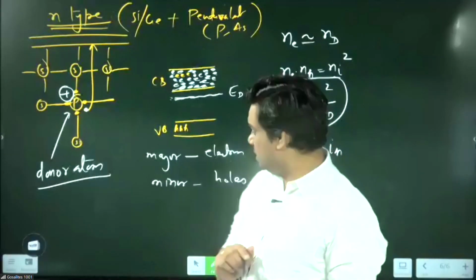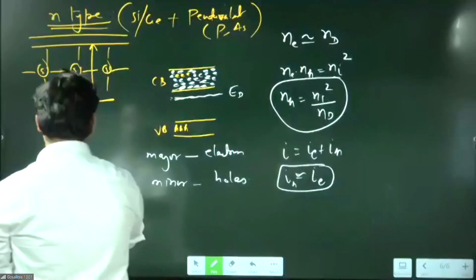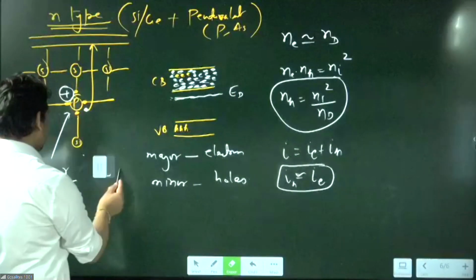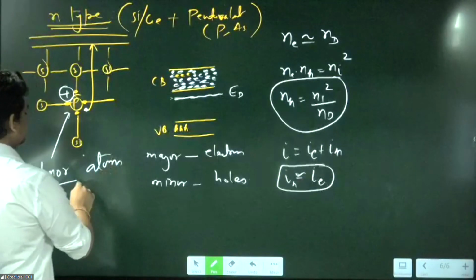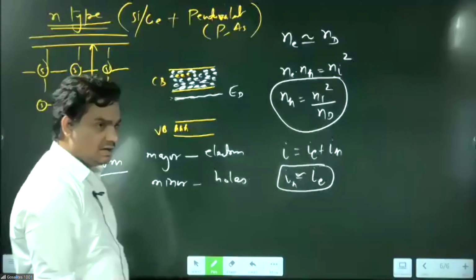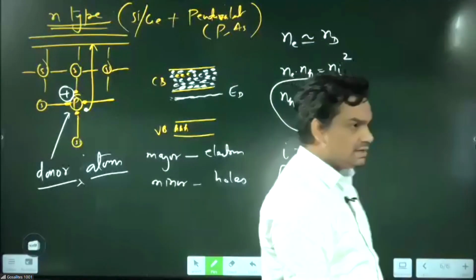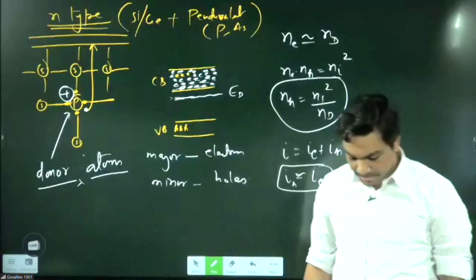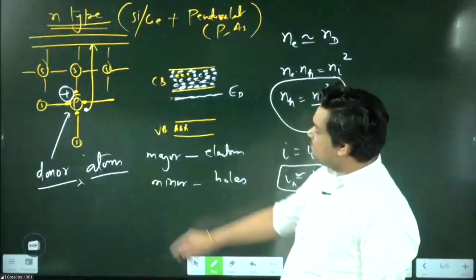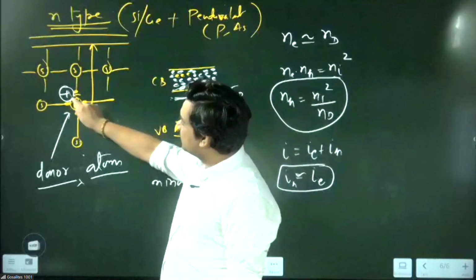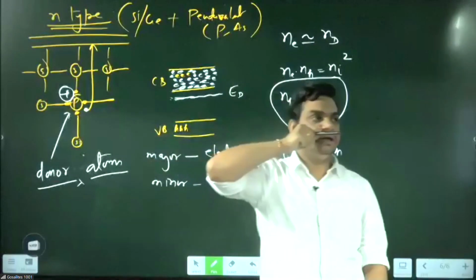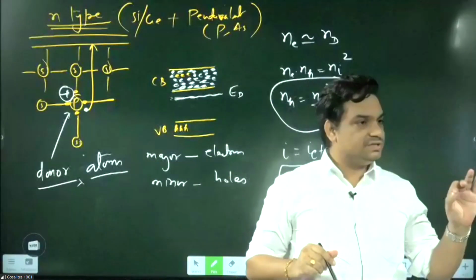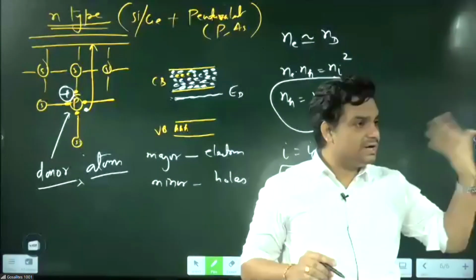What is donor? This is not donation, this is the donor atom written here. Donor atom means which will donate an electron. Now listen. If it wants to donate, it can only donate to the conduction band.